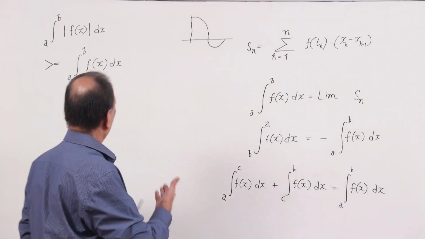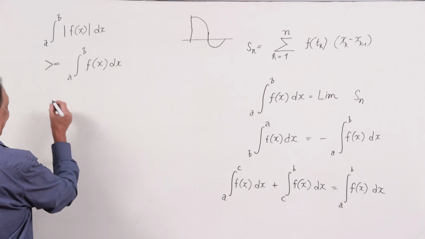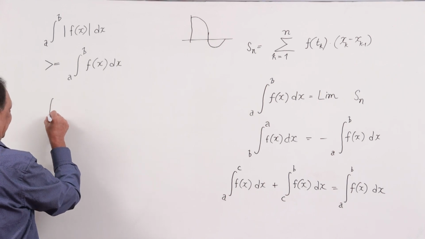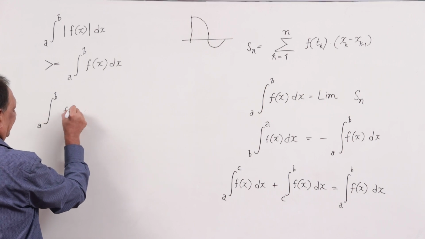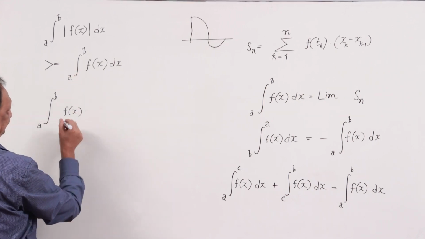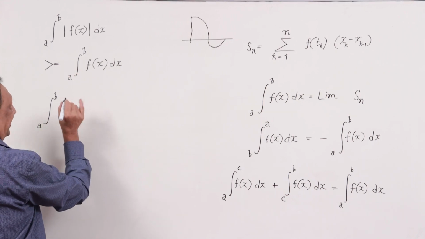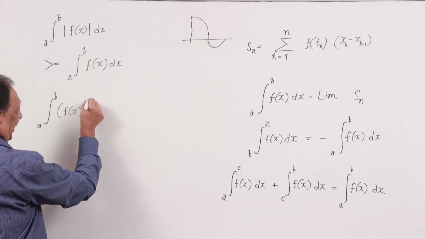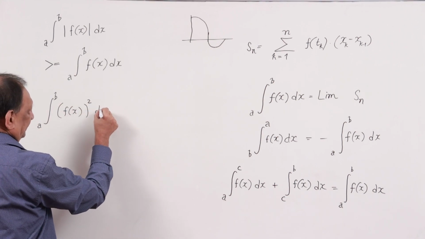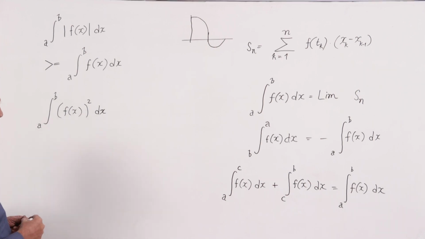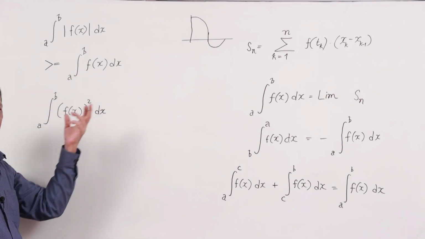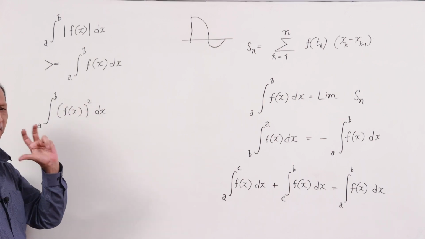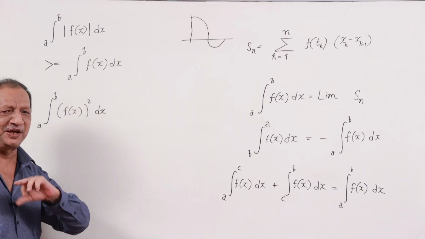By the same token, one more inequality I can write, you can even guess. Supposing I say from A to B, I take f(x) squared. You can call it f squared x, or better to write it as a square of dx. That means I take each value of f(x) and square it and then integrate it. Now square, you know whether f is positive or negative, square will always be a positive number, correct?